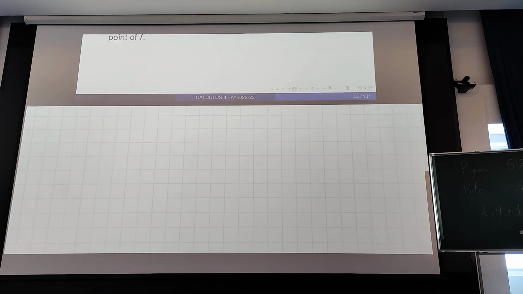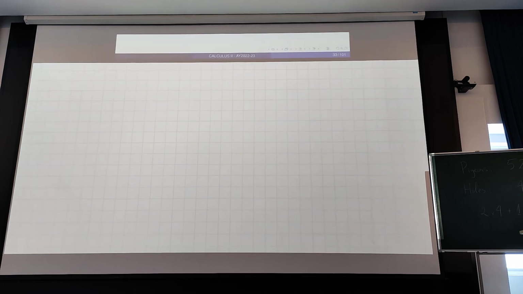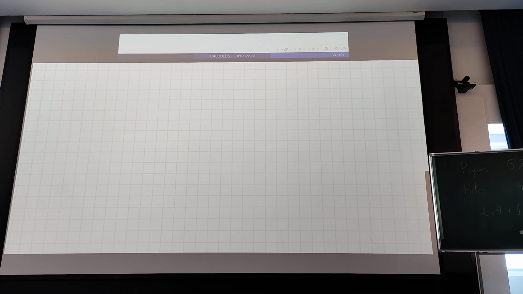So now let's continue with an example. First, I will give you an example to recall how to find all the stationary points, and then we are going to classify them. Okay. Let's consider the example.